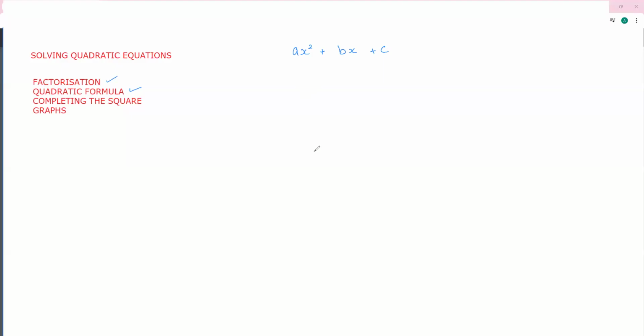And x could be any letter, right? It doesn't always have to be x. It could be p, it could be t, it could be any letter.